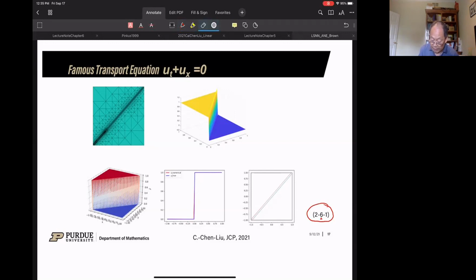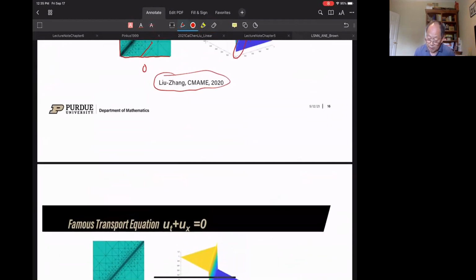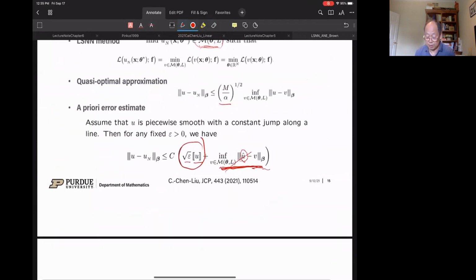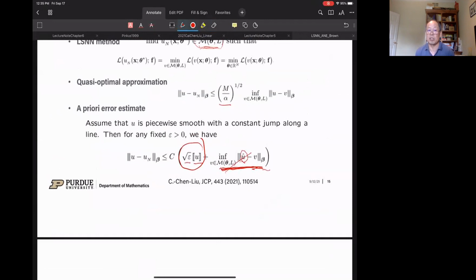If you look at the trace at the interface, it's almost a perfect match. Here we're using standard training, with Adam, and we only need 6 neurons. In theory, in this case we only need 2 neurons to approximate this solution extremely well.